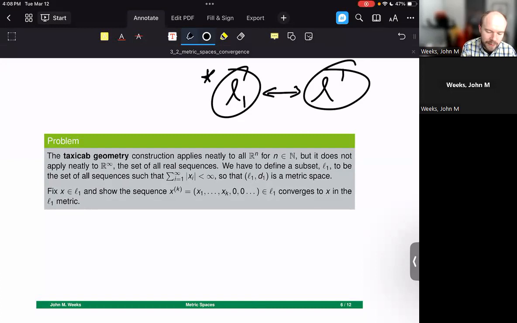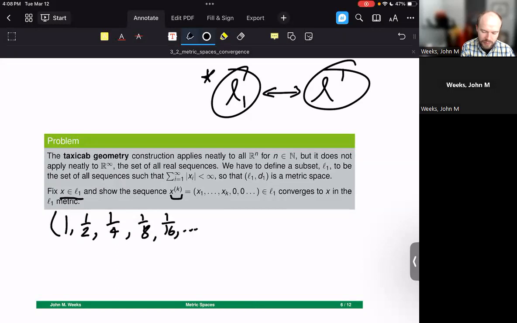Let's fix a sequence in little l1. Remember here, x is a sequence of real numbers. And let's show that the sequence, this is called x to the k, or rather x with k in parentheses to denote that this is an element of a sequence, is the following sequence in L1. Let's say, for example, I'm starting with something like this: maybe the sequence 1, 1/2, 1/4, 1/8, 1/16, and so on and so forth.